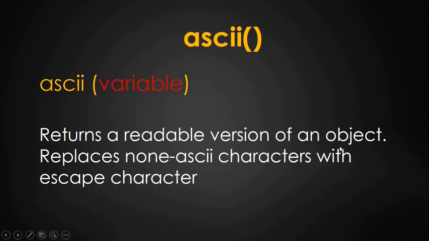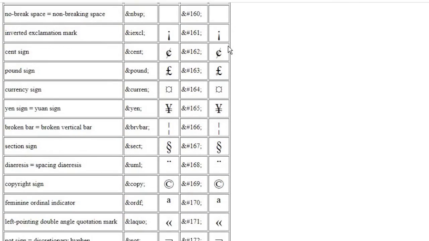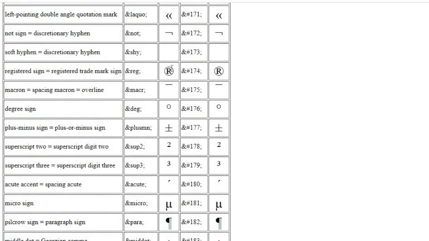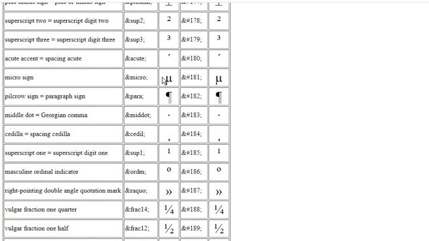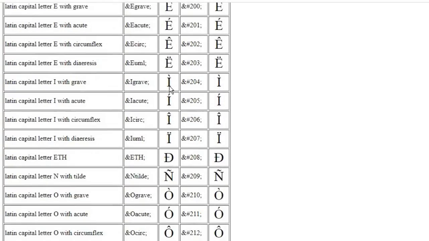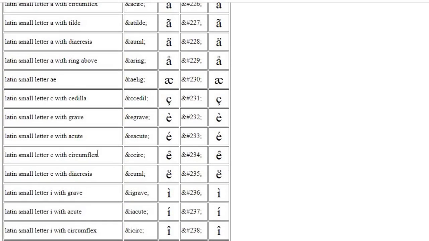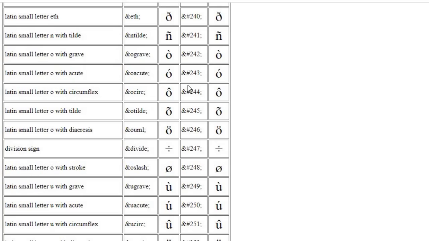What it does is returning some characters which we can put in the print function to display the non-ASCII characters. Let's see first the non-ASCII characters, then we will take an example. Okay, let's see here. We can see a lot of these non-ASCII characters. Those are a lot of symbols.